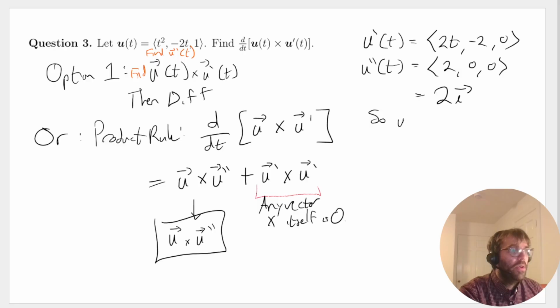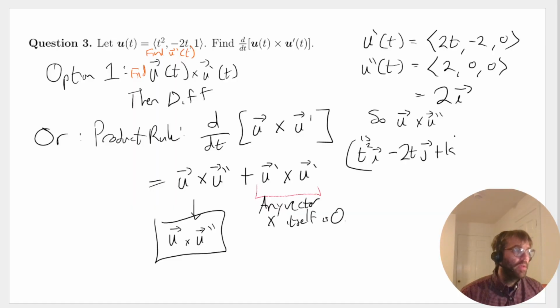So u cross u double prime is, I'm going to do this in the ijk formulation. t squared i plus, well, minus 2tj plus k cross 2i. Because we get FOIL. We get to distribute. We don't have to do the whole matrix thing because u double prime is so simple here.